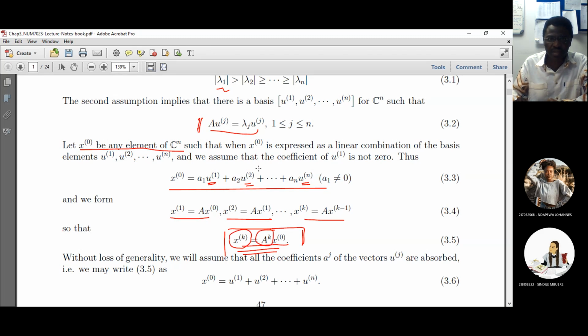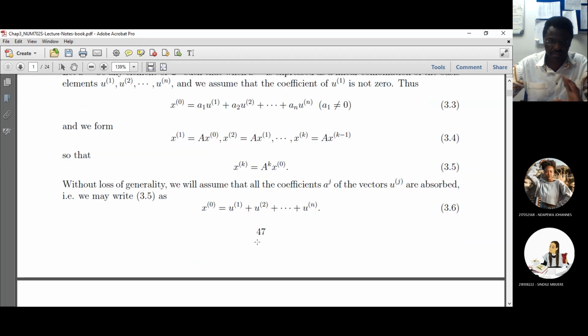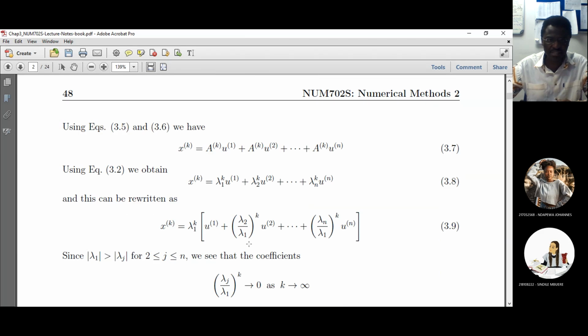That's where the name power method comes from. It comes from this notation, because we have the powers of the matrix, A to the k. That is where the terminology power method stems from. So this is mainly linear algebra. I don't really want to spend that much time there. If you read, it's explained in detail.